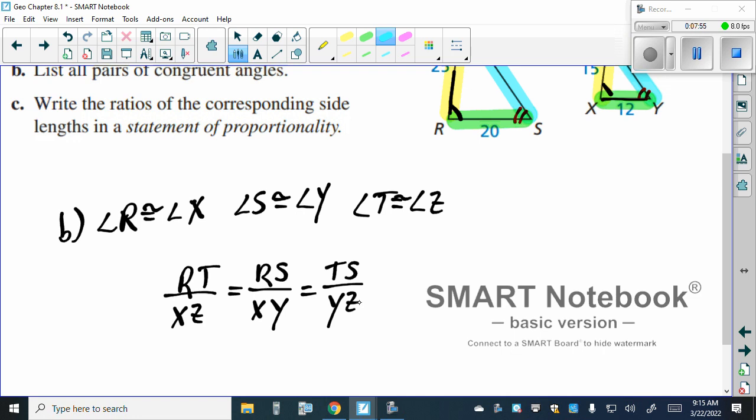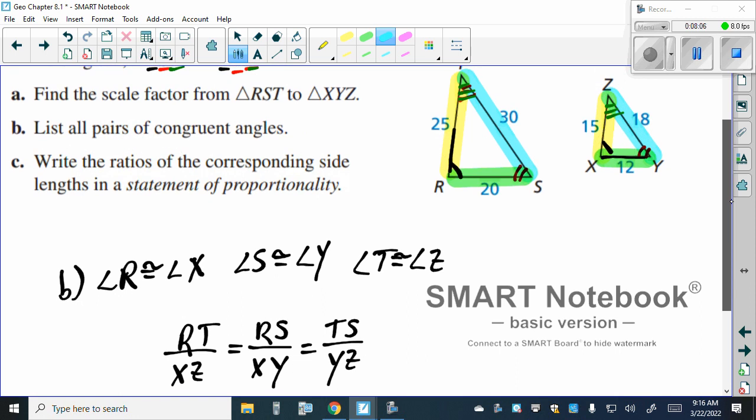And we can say that these are equal. The side lengths aren't, but their proportion, their scale, is still going to be the same from one to the other. Any questions on this so far?